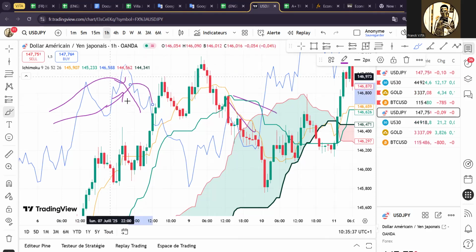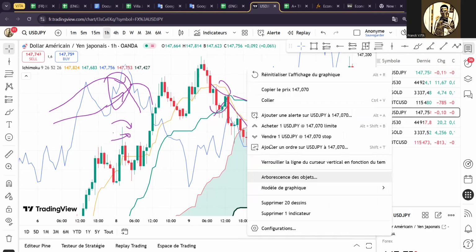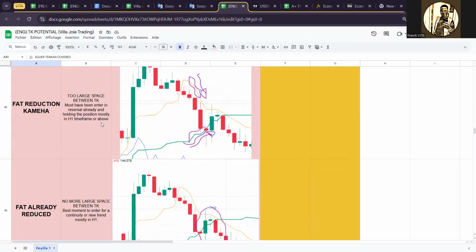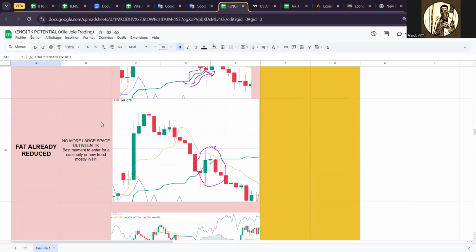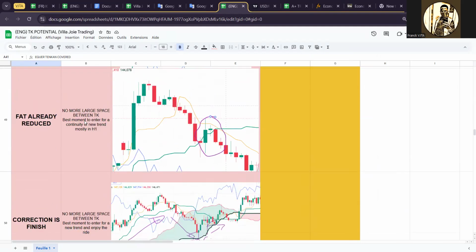So in this place, you have literally a Kamehameha like this, right? This is the Kamehameha. That's the normal behavior of a reversal, of a reduction. So you can look for sells at that point.